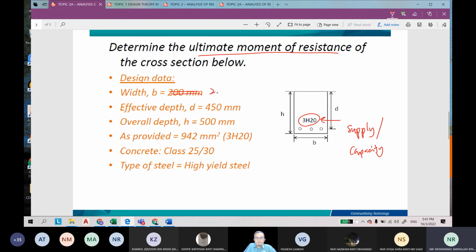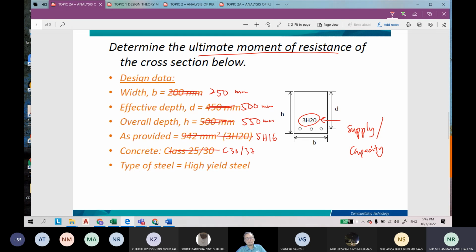So 250 mm, and then the D is 500 mm, and then this is, let's say, 550 mm, and then why not we use 5H16, and then the concrete class is C30/37.